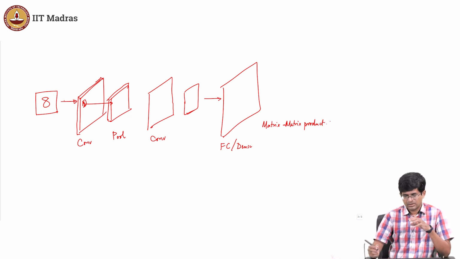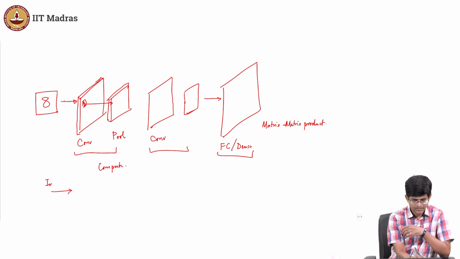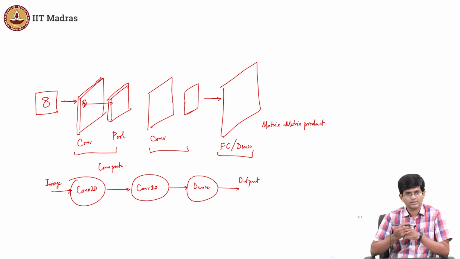Bottom line is each of these involves some computations. Once again I can think of them as: I have an image, I have a task which is a two-dimensional convolution, another two-dimensional convolution, and then a dense layer and an output.